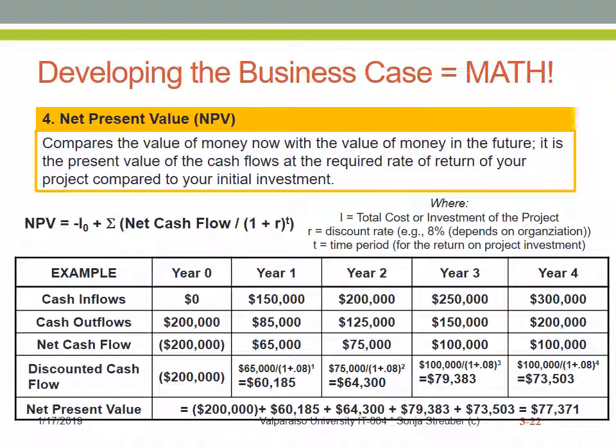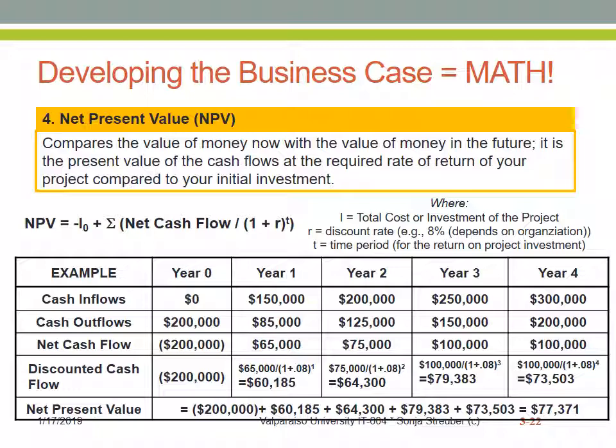Now we're going to apply the formula above, where we take the net cash flow and we divide it by 1 plus and then our R, which is 8%. And because we are in year 1, we take that to the first power, which gives us a discounted cash flow for year 1 of $60,185.